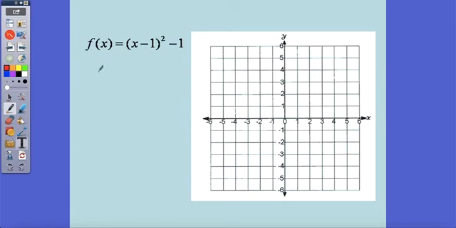Okay, so first thing, we have our vertex. The vertex is located at the point (1, -1). So we can put our point (1, -1). There's our vertex. And we know our axis of symmetry is x equals 1.